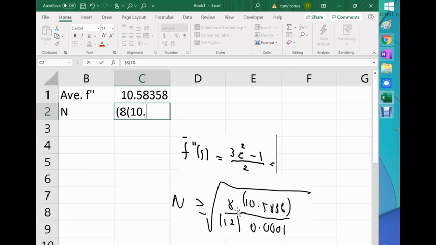Since I'm doing Excel, let's use everything from Excel. So that would be 8 times this, put the formula here, equal 8 times this divided by 12 divided by 0.0001, and here all that elevated to the 0.5, and that will do.